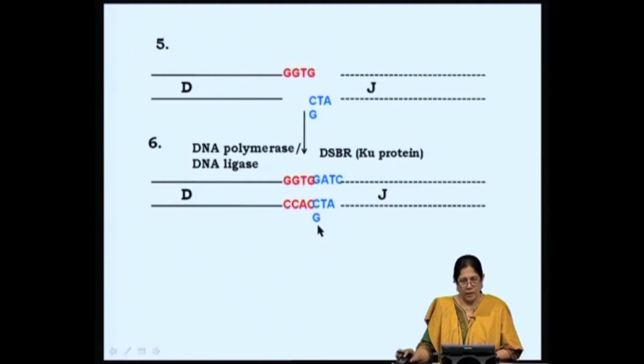Then you have ligation. So, at the cut ends, there are additions of nucleotides, and now you have double strand break repair enzymes which stitch the D and J together.